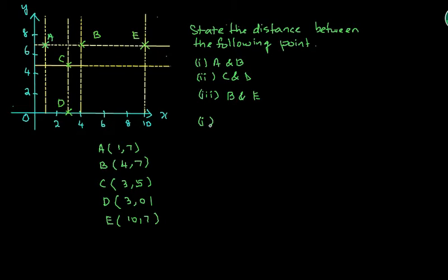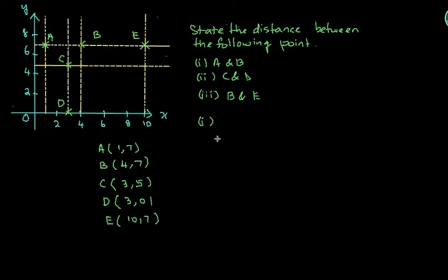Find the distance between point A and B. Just now I told you that when you want to find the distance between 2 points, the first thing you have to observe is whether they have the same x coordinate or y coordinate. You see point A and B are having the same y coordinate, right? 7 and 7.